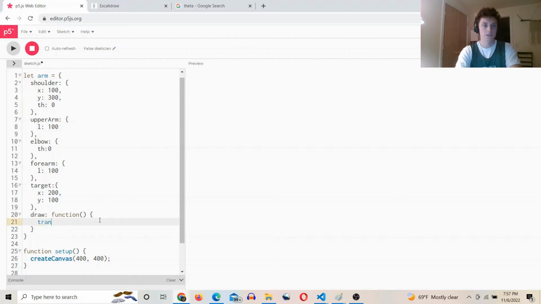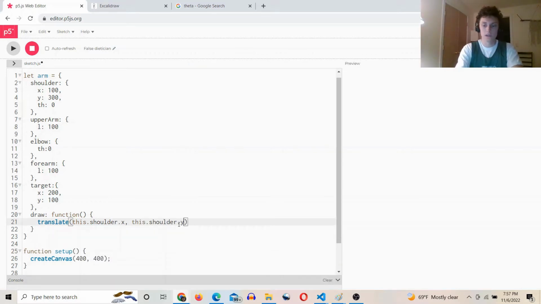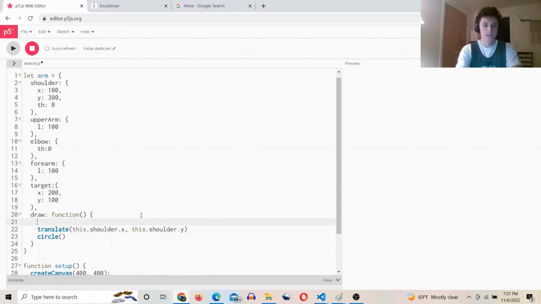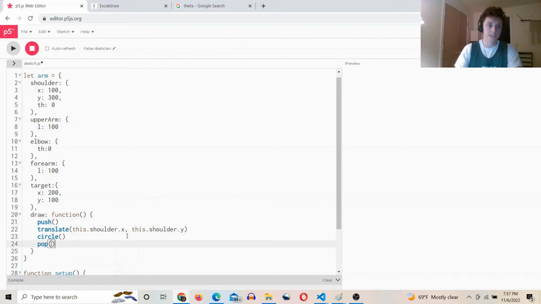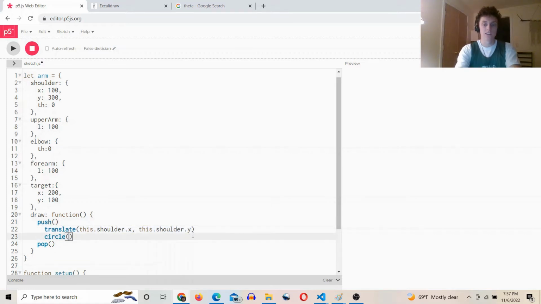So we'll say translate this.shoulder.x, this.shoulder.y, and then circle, and let's make sure we put all this in a push/pop just so we don't get any weird side effects from calling our arm.draw function later on. Then we're going to draw a circle at 0, 0, since we've translated our whole world coordinate system to the shoulder, and we'll give it a radius of 15.